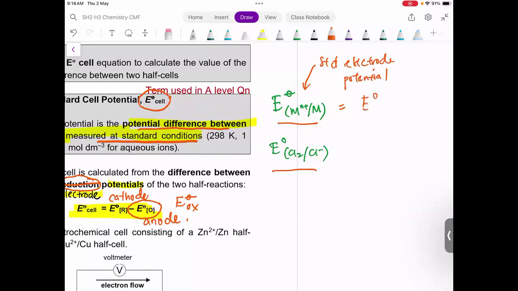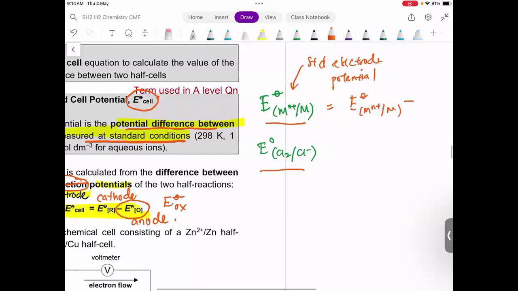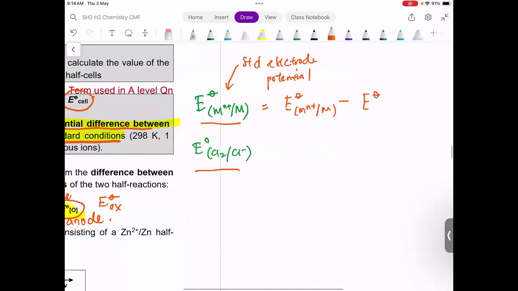Essentially it is the E naught, the tendency to undergo reduction, minus the E naught of the SHE, the standard hydrogen electrode, which by default equals 0 under standard condition. So even though standard electrode potential is always measured against the SHE, it will not appear in the expression because it's 0. No effect on the value.